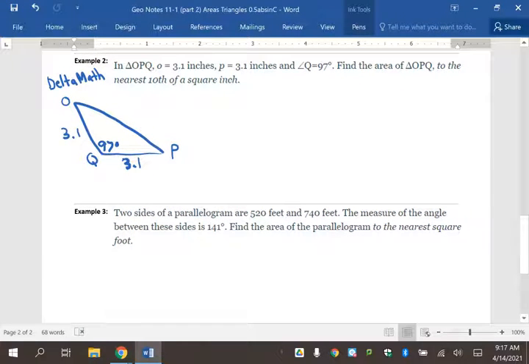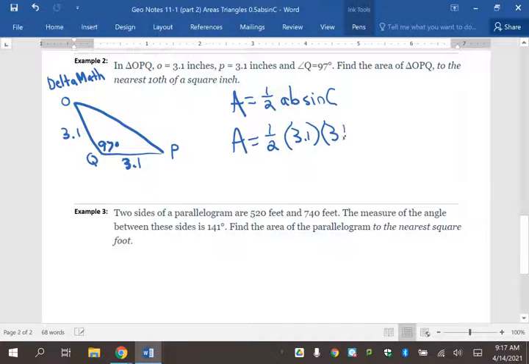So again, we're given this situation where area equals 1/2 AB sine C, where C is their included angle. So we have 1/2 times 3.1 times 3.1. Now those numbers don't have to be the same, but in this particular problem that I chose from Delta Math, those two sides were the same. And then sine of their included angle, which is 97.